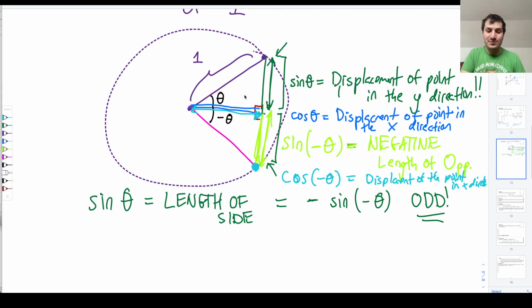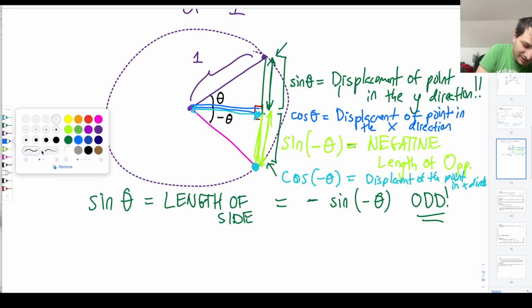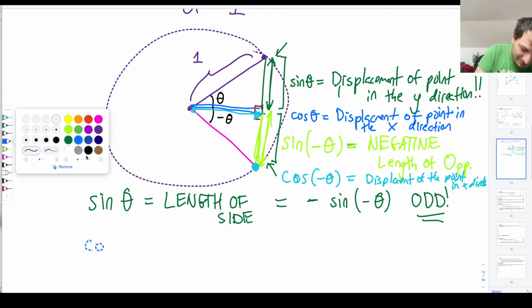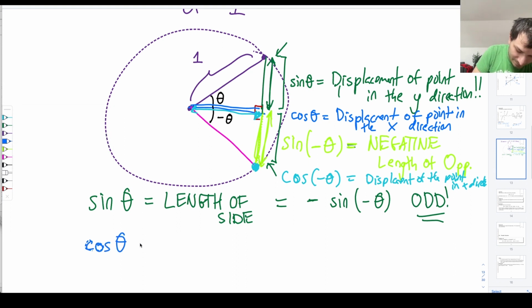This triangle that is mirrored, this triangle over here is mirrored down here, that leaves the side on the x-axis the same. So the cosine of theta is equal to the cosine of minus theta because they're both equal to whatever this distance is, the length of side.